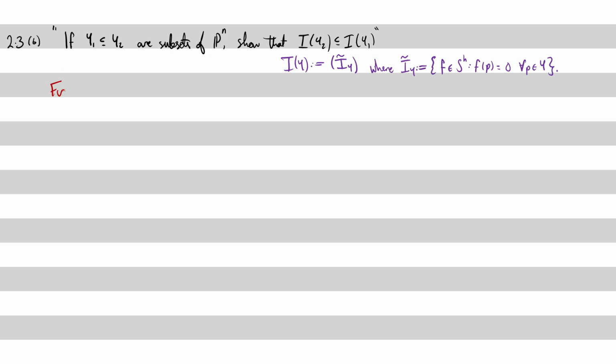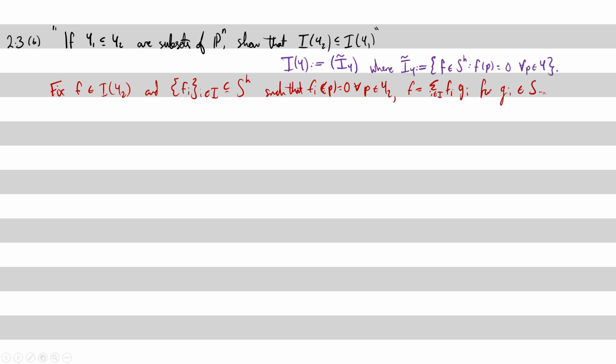So, fix f in the ideal generated by Y2, and a family of homogeneous elements fi such that fi of p equals 0 for all p in Y2, and f equals the sum of fi gi for gi each within S.